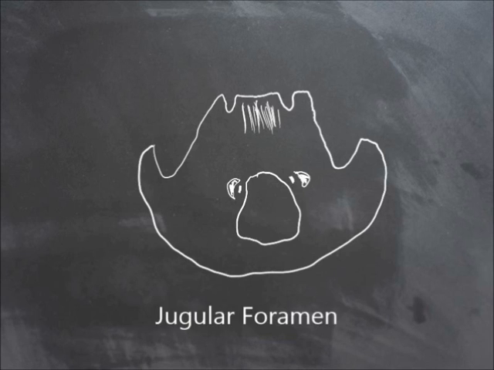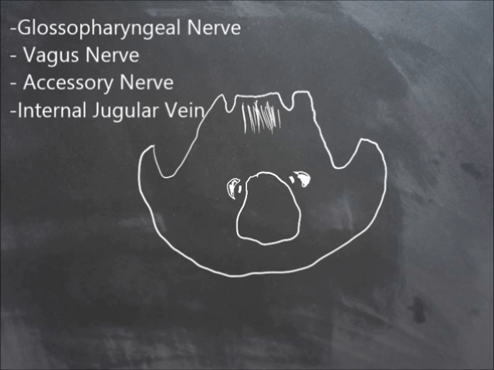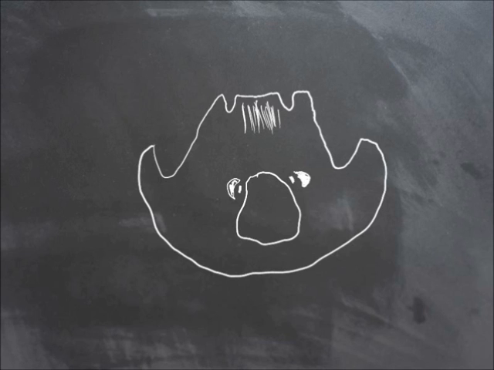It's called the jugular foramen. And the jugular foramen has the glossopharyngeal nerve, the vagus nerve, and the accessory nerve going through it, as well as the jugular veins, the internal jugular veins.